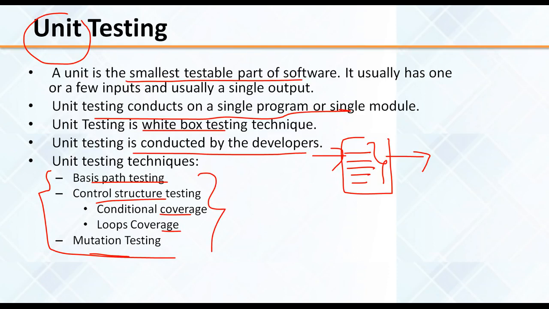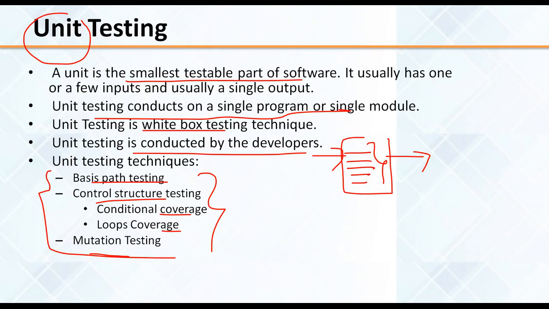We are more focusing on system testing. So unit testing is component level, module level or program level testing, a white box technique conducted by the developer, who will use certain techniques to conduct it. Okay.